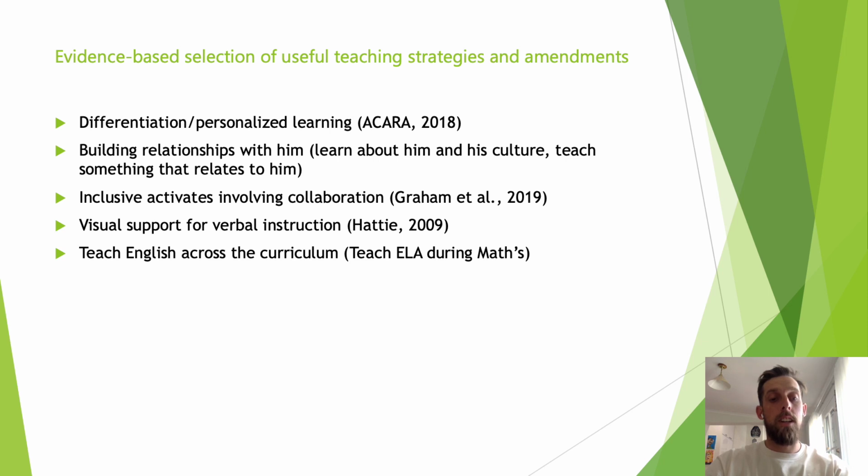Another teaching strategy is to use inclusive activities involving collaboration with Nielsen's peers. As a teacher, you can put Nielsen in a group that can help guide him when he needs help, learning from his peers. This method is also a great way for his peers to learn from Nielsen and how people are all different.